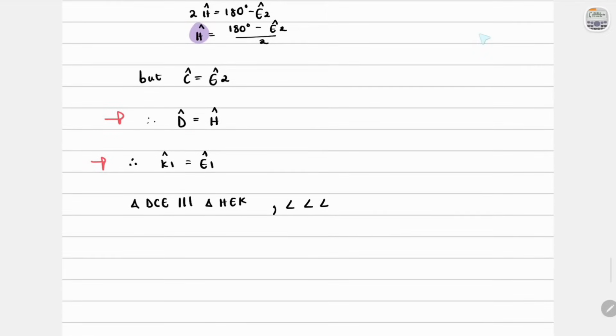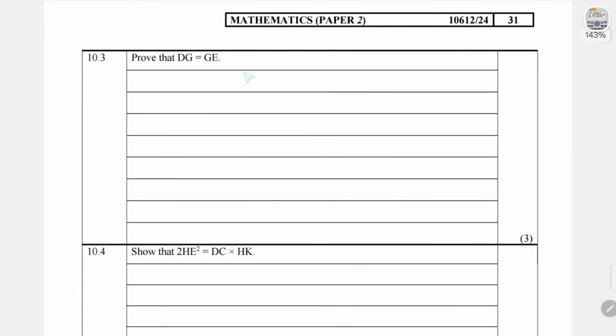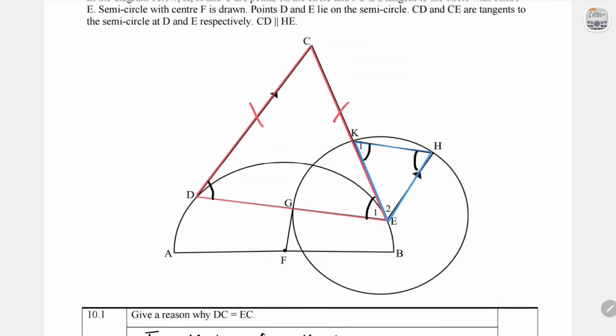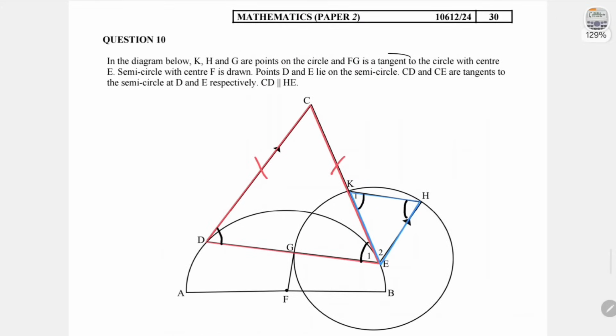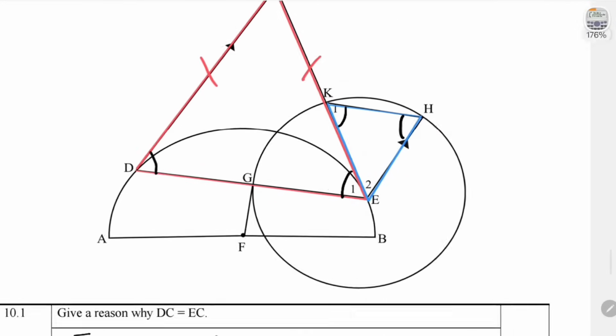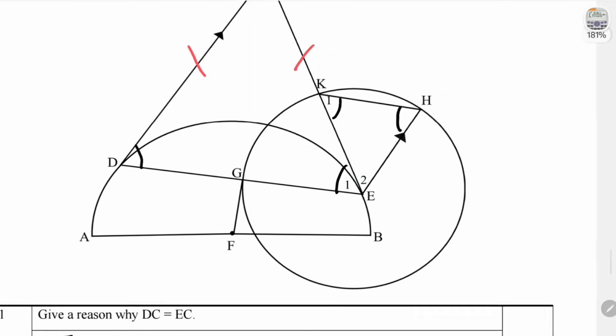Moving on to the next question. Question 10.3 says, prove that DG is equal to GE. Well, do you remember that they spoke about FG being a tangent? They said FG is a tangent to the circle with the center E. So if this is a tangent to this circle, and we can just erase these for now, they may not be that important.